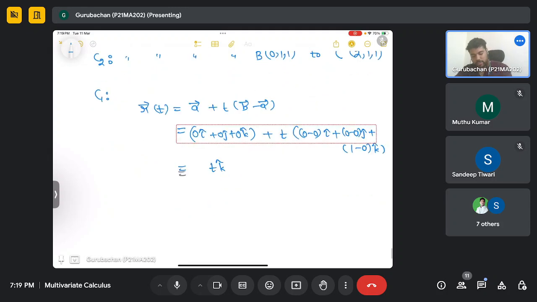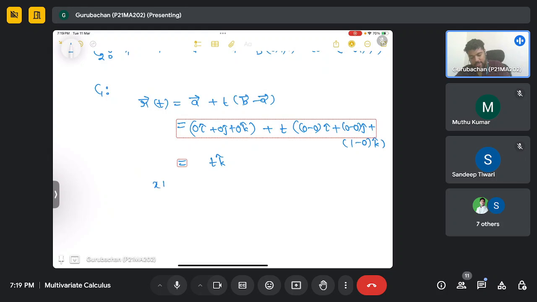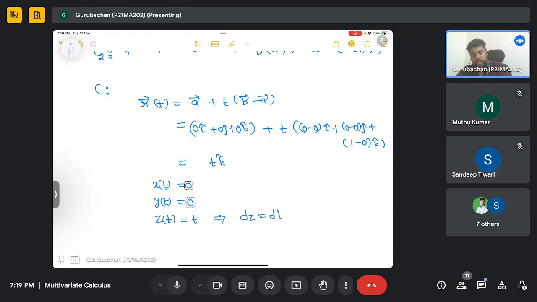Okay. So that means our xt is 0, our yt is 0, but our zt is t. And this zt will imply dz to be dt, and dx will be 0 and dy will be 0.